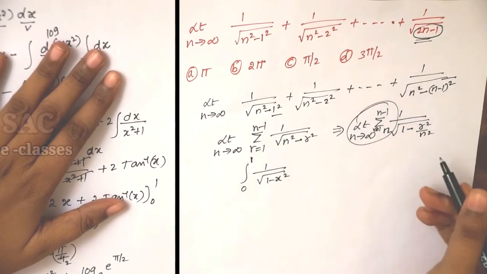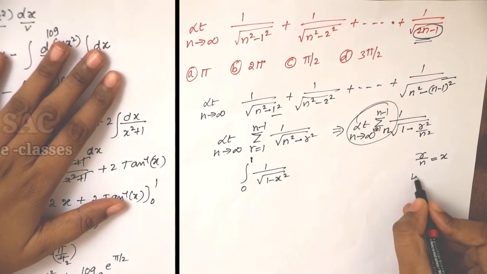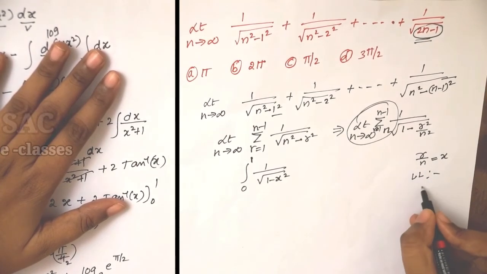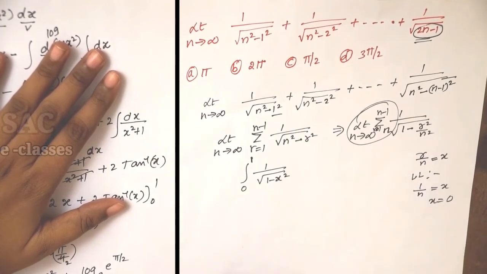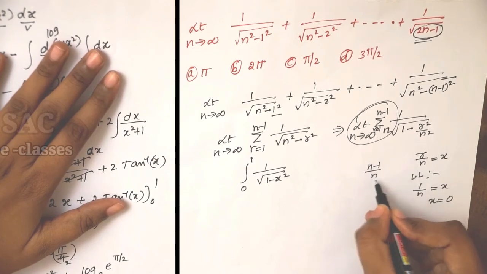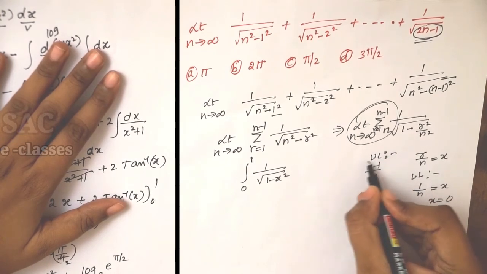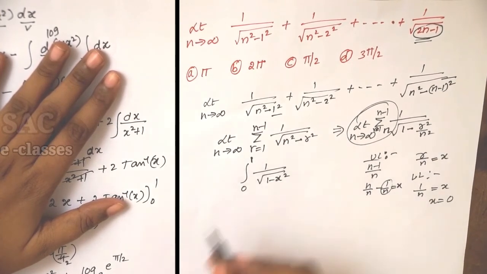Here I have simply taken r by n as x. For the lower limit, 1 by n is equal to x, and we know that x is 0. In the same manner, I have taken n minus 1 by n for the upper limit, which is anyhow 1.